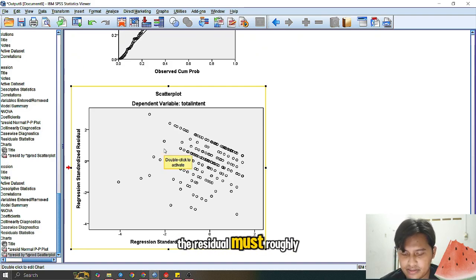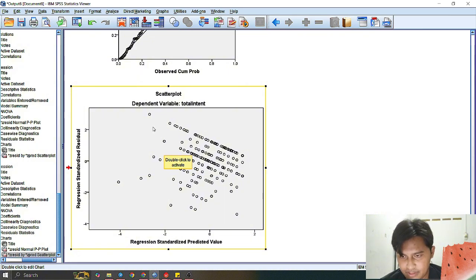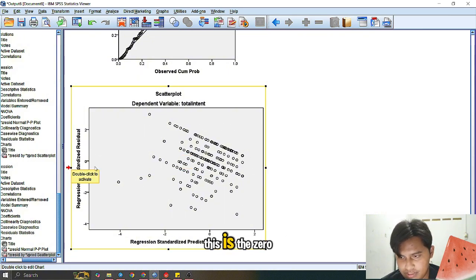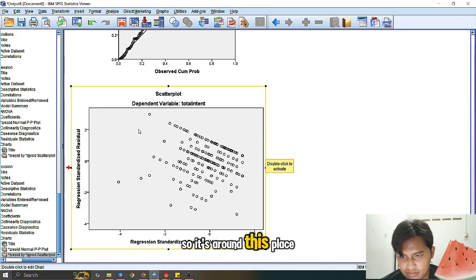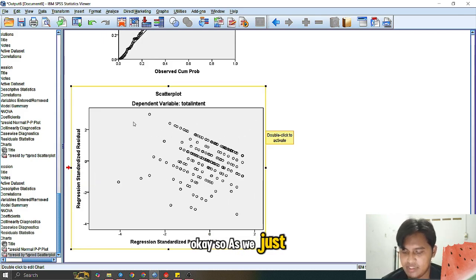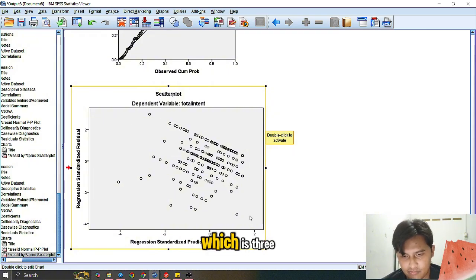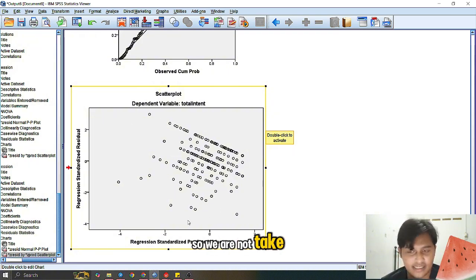However, the residuals must roughly look like a rectangle shape, and it's also close to 0. Since we only find a few outliers, which is 3, we are not taking any action.